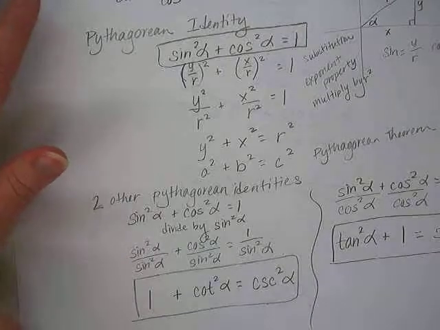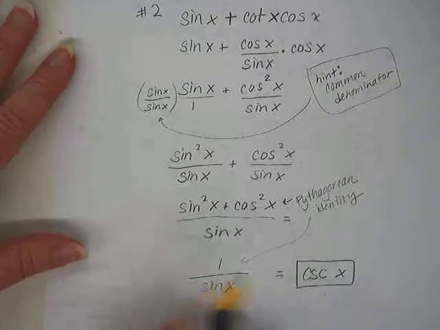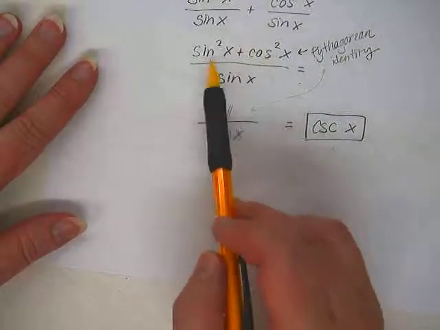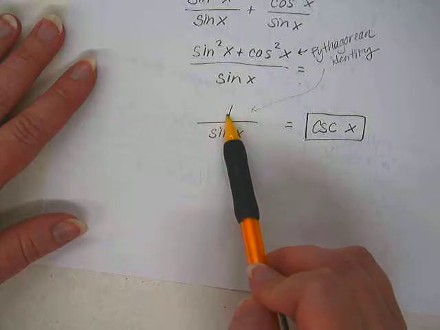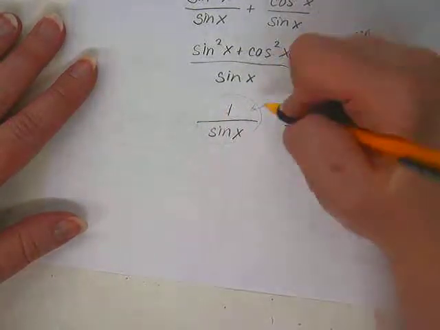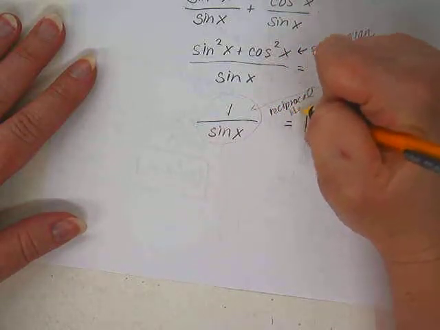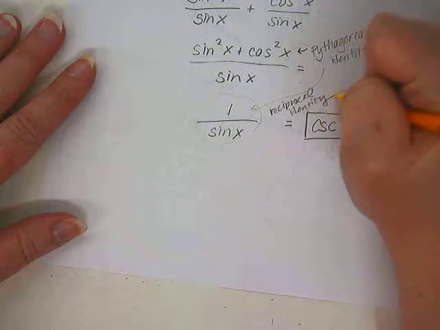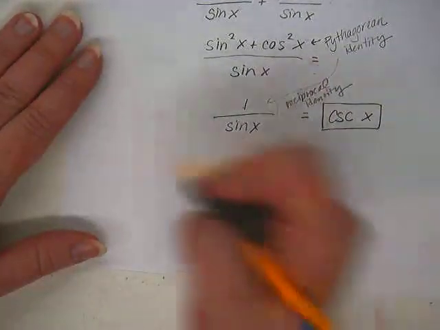So the sine squared of a certain angle plus the cosine squared of that same angle always equals 1. And we proved that with the Pythagorean theorem, so we know it's true. So since that identity is true, we can simply replace sine squared plus cosine squared with 1, because that's what it equals. And then this is just a reciprocal identity. Okay, that makes sense.